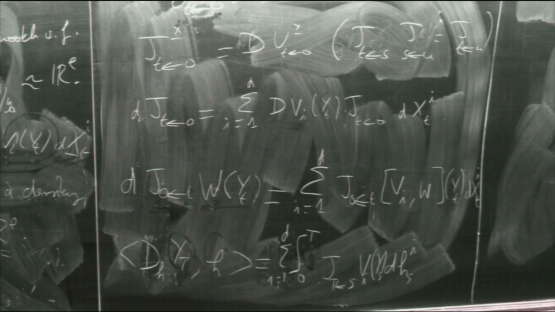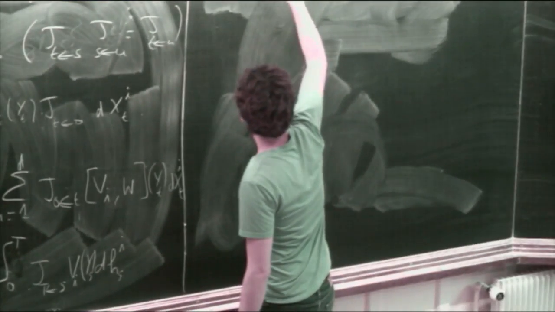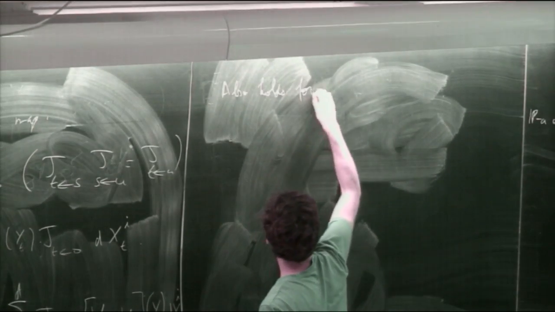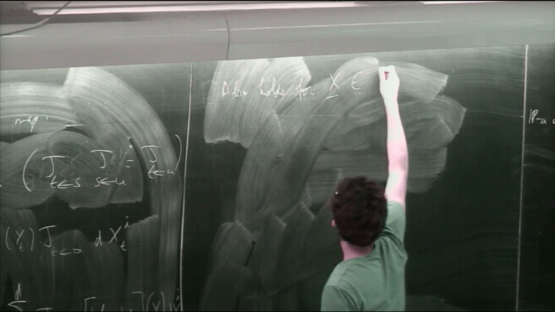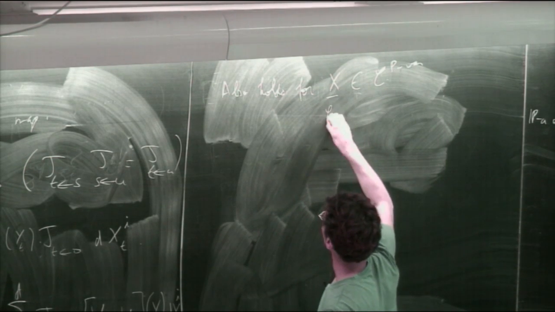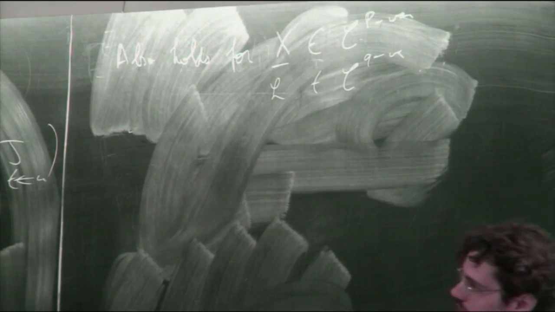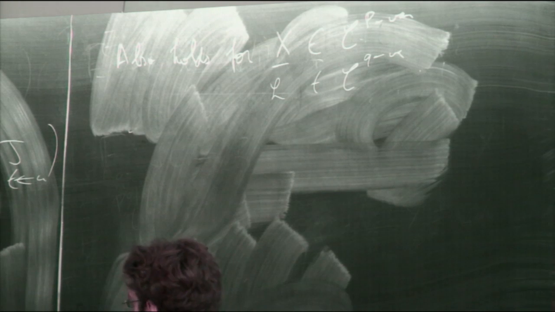For smooth paths, this is completely standard. I mean, you can do it directly. And the point is that this also holds whenever you take a rough path. Okay? And here, h should be any element in q-variation. So now these are going to be rough integrals.